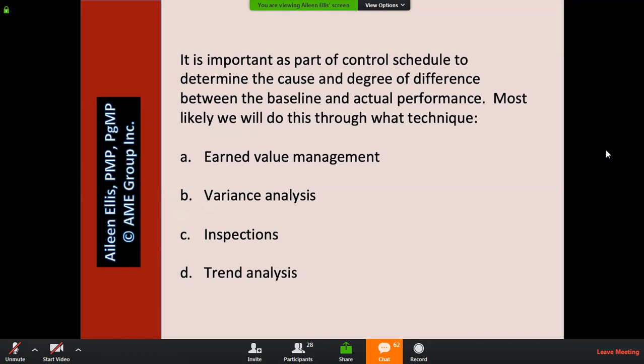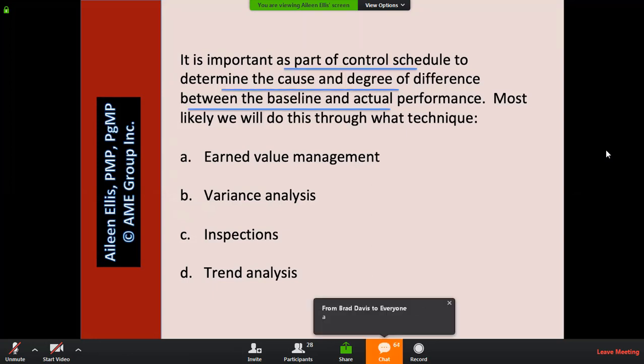It's important as part of control schedule to determine the cause and degree of difference between the baseline and actual performance. Most likely we will do this through what technique? For me, it's the same kind of question.